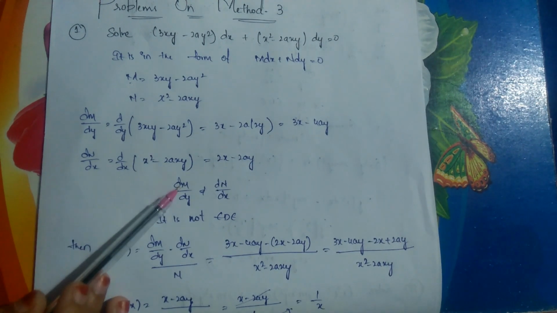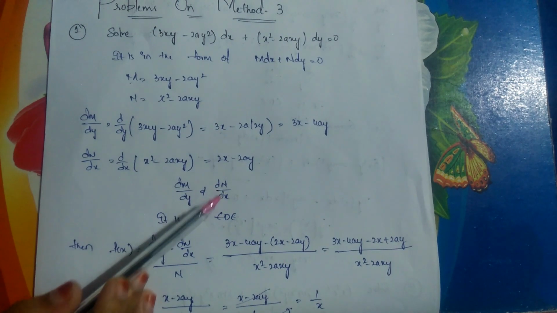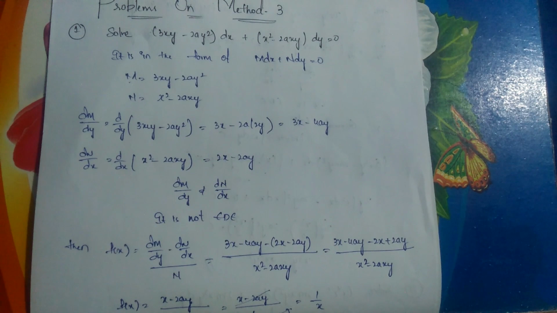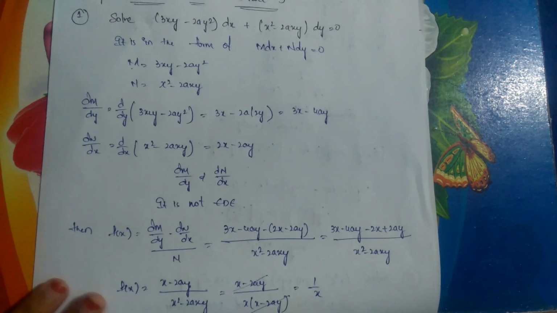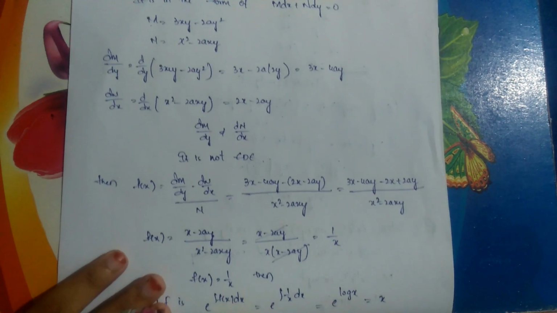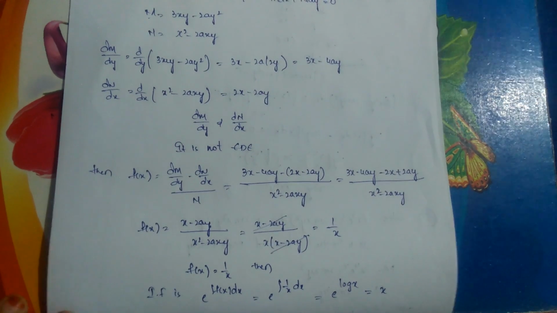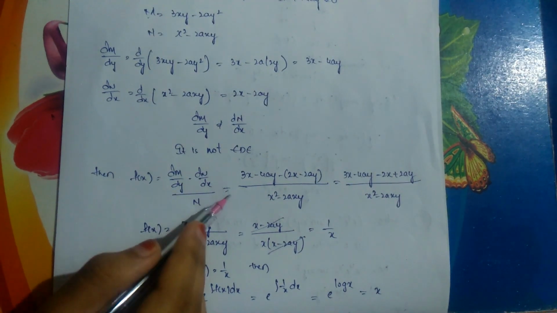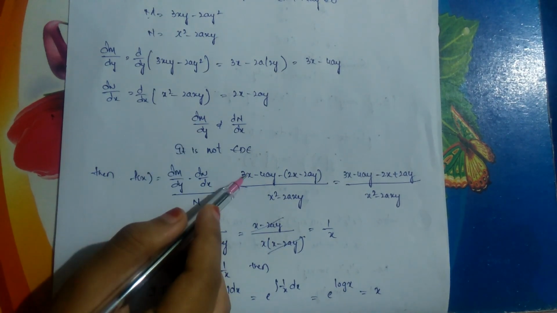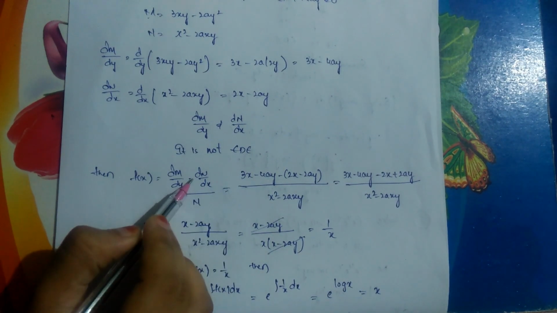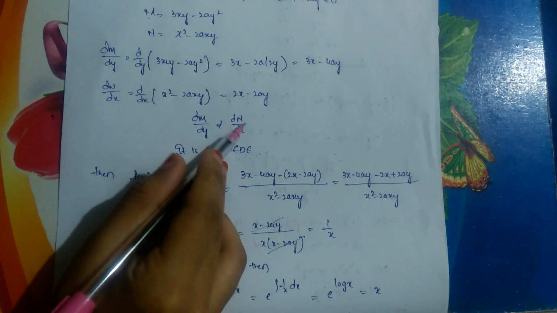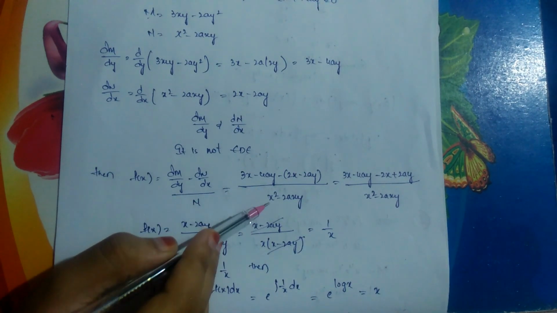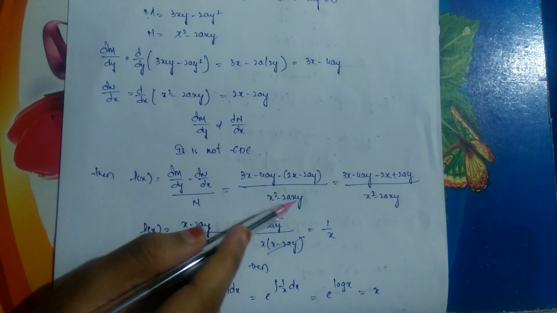So here we see ∂M/∂y is not equal to ∂N/∂x. So we can say that it is not an exact differential equation. Now we have to make it exact. So consider the function f(x) = (∂M/∂y - ∂N/∂x)/N. The ∂M/∂y value is 3x - 4ay and minus of ∂N/∂x value is 2x - 2ay, divided by N, which is x² - 2axy.